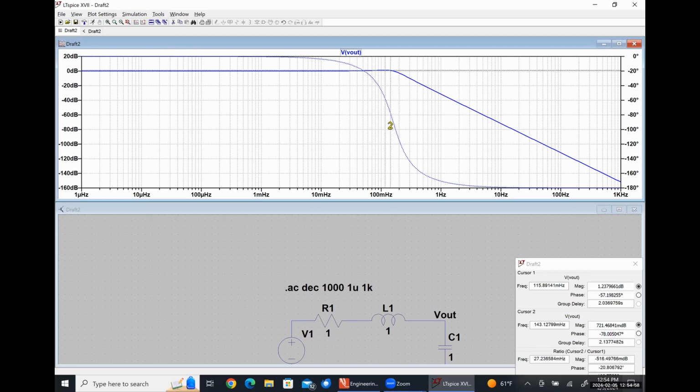I think it should be minus 90. That might be the resonant frequency, it'll be at minus 90. And then it settles down to minus 180 as we go beyond, which is exactly what I would expect.